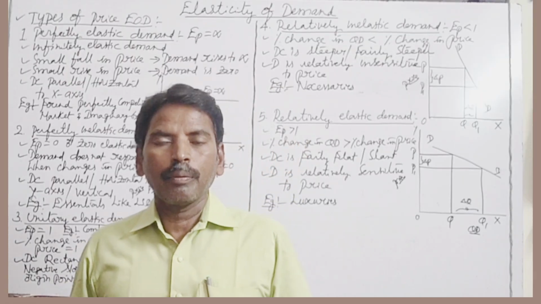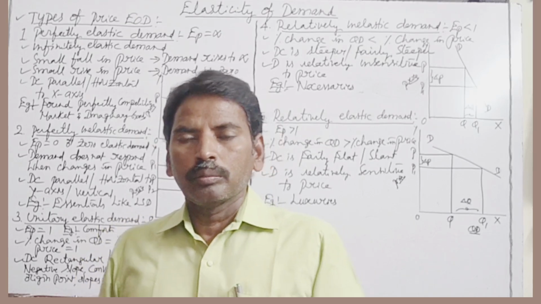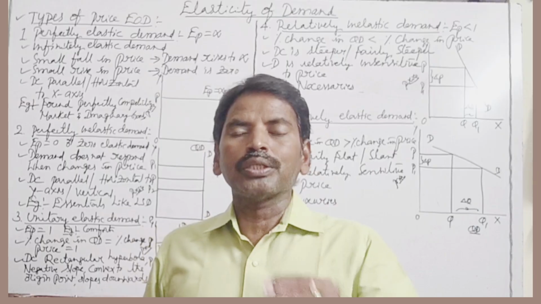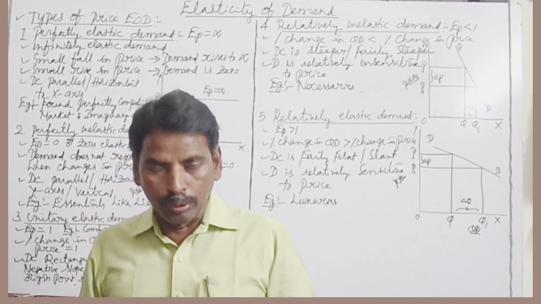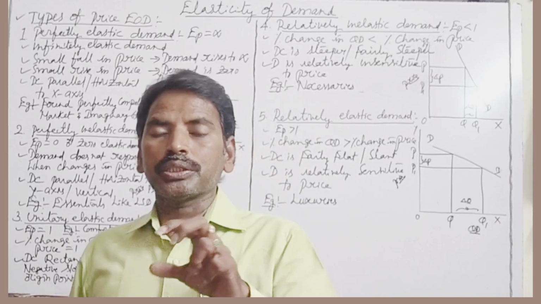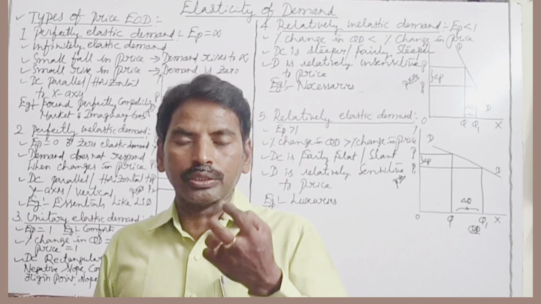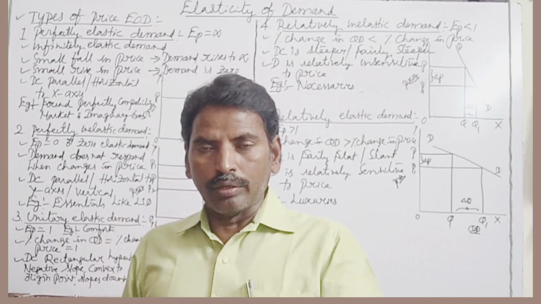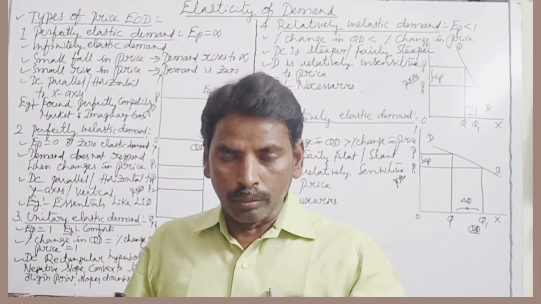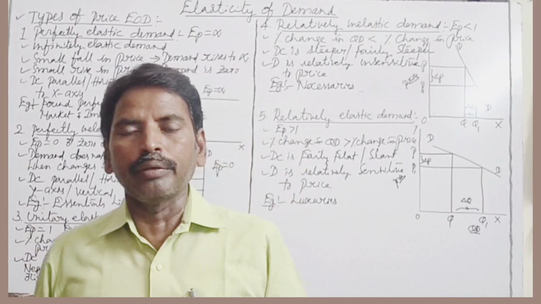In other words, price elasticity of demand means percentage change in the quantity demanded divided by percentage change in the price of a commodity. So in other words, price elasticity of demand means the degree of responsiveness of quantity demanded of a good due to change in the price of a commodity. This is called price elasticity of demand.